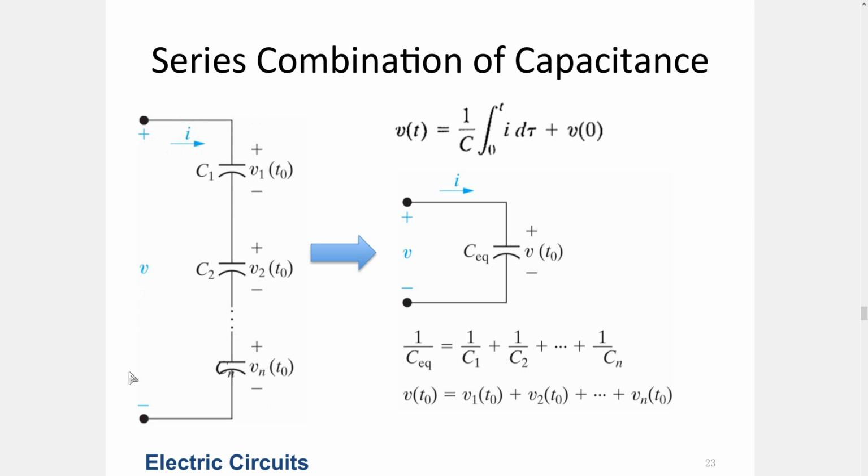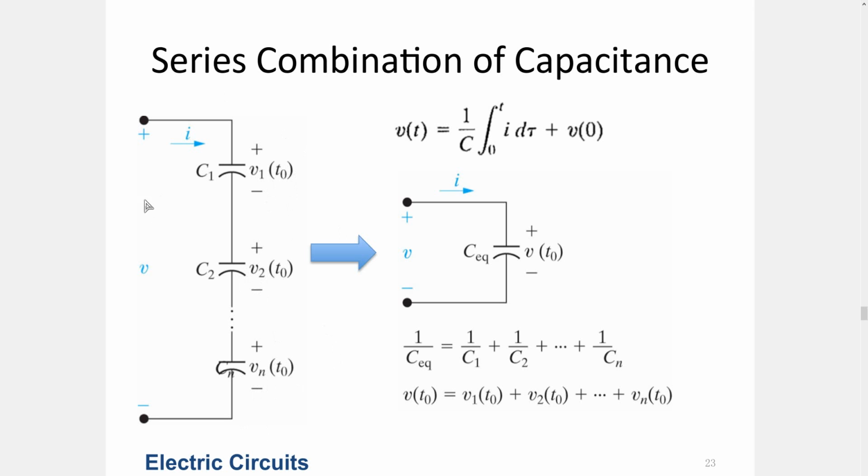The voltage across all components will be the sum of individual voltages. If the capacitors have some initial voltages, V1(t0), V2(t0) to Vn(t0), we have to consider them as well.